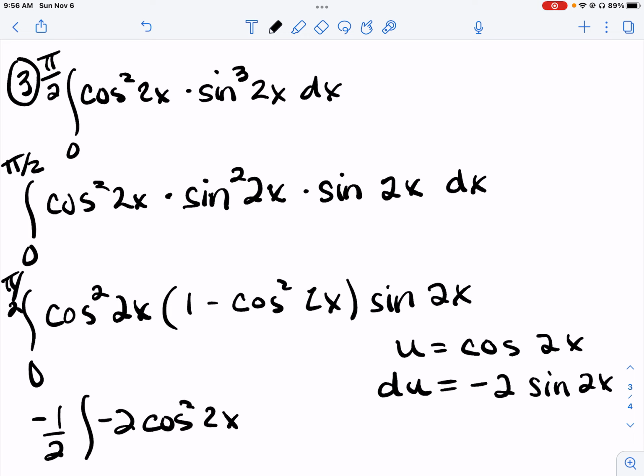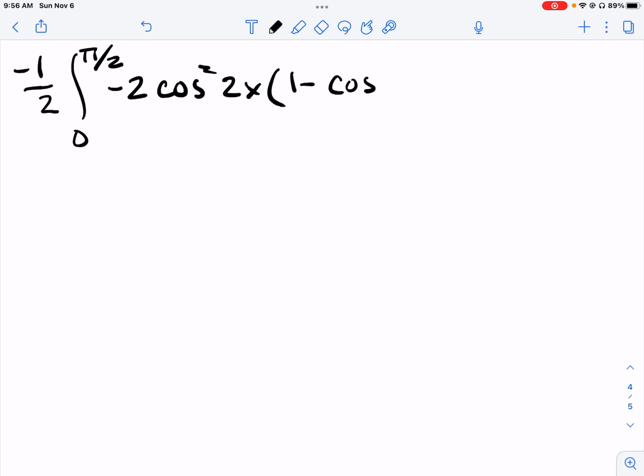We'll just rewrite everything. Okay, so now the cosine squared, I'm just going to rewrite everything when we go to the next page. So I've got negative 1/2 integral negative 2, cosine squared, 1 minus cosine squared, sine 2x.